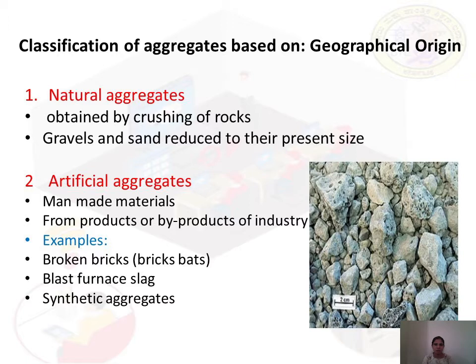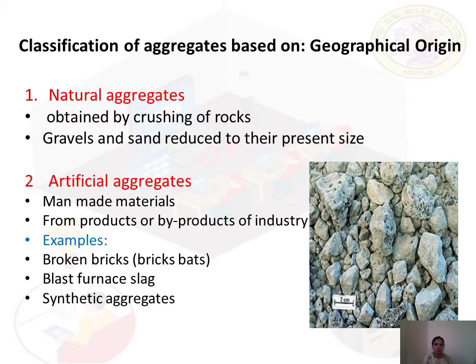Blast furnace slag is formed in a blast furnace during the manufacturing of iron. Blast furnace slag aggregates have good fire resistance but are responsible for corrosion of reinforcement. It means the steel which is used in concrete.